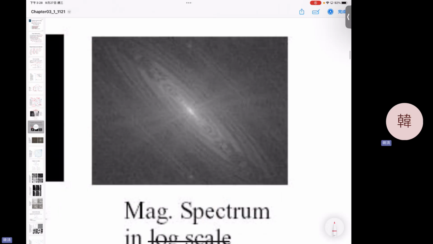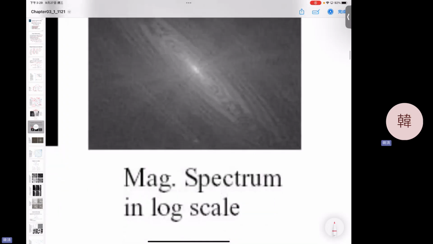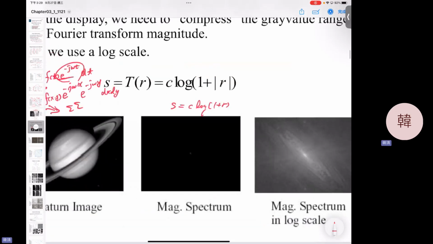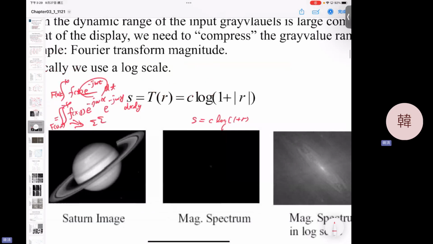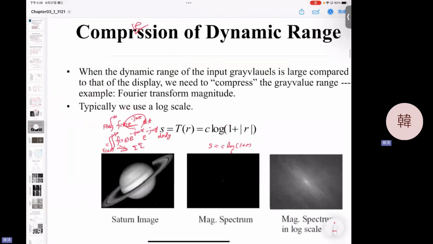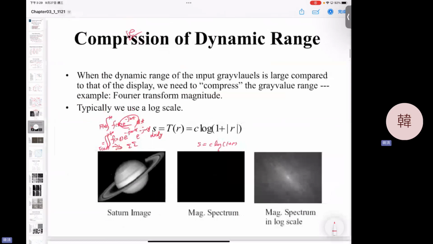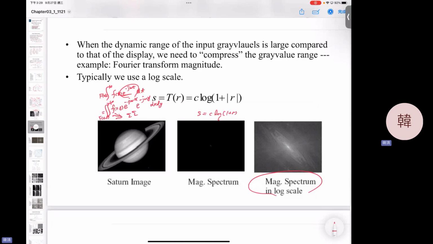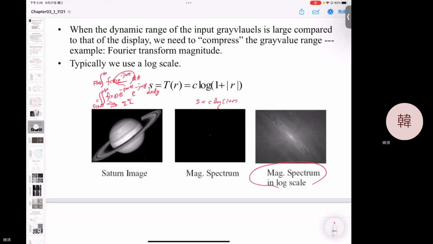This is the energy distribution of your image. It compresses the dynamic range, because after transformation into the frequency domain the numbers are huge. So you take a log transformation first, and you see the magnitude spectrum in log scale, and you can understand how the energy is distributed. It's not an impulse signal. It's like this result.